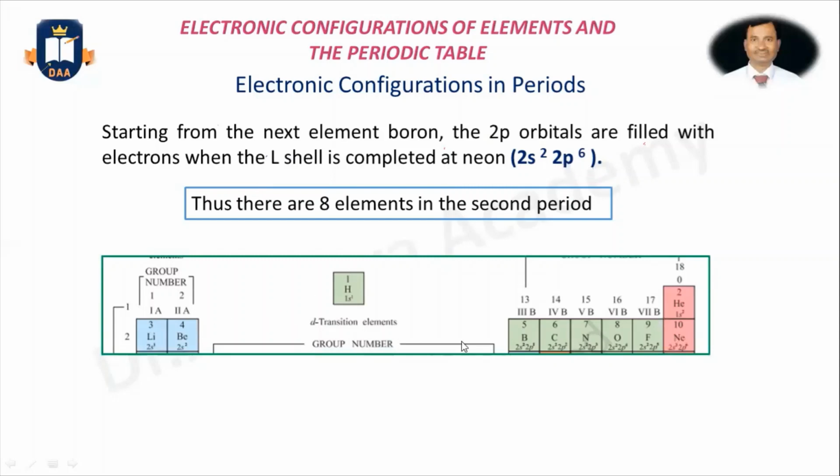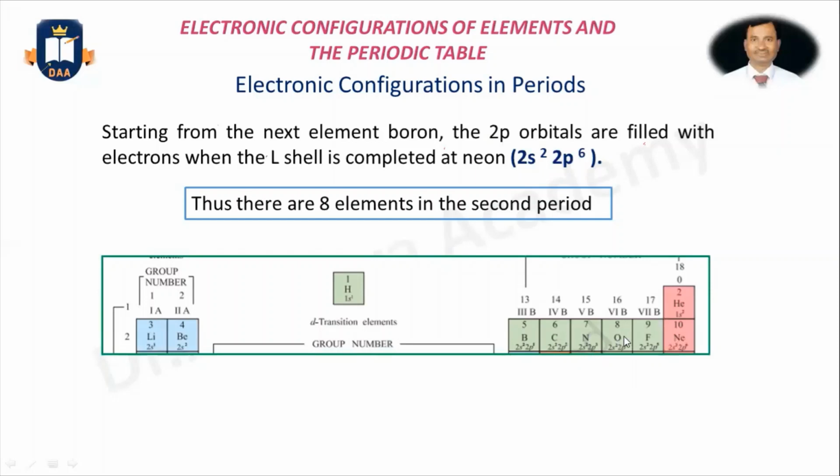So you can see this is boron. Boron has the outer shell electron configuration 2s2, 2p1. For carbon, electron configuration 2s2, 2p2. For nitrogen, the atomic number is 7, so the electrons in a neutral nitrogen atom are 7, so its outer shell configuration is 2s2, 2p3.